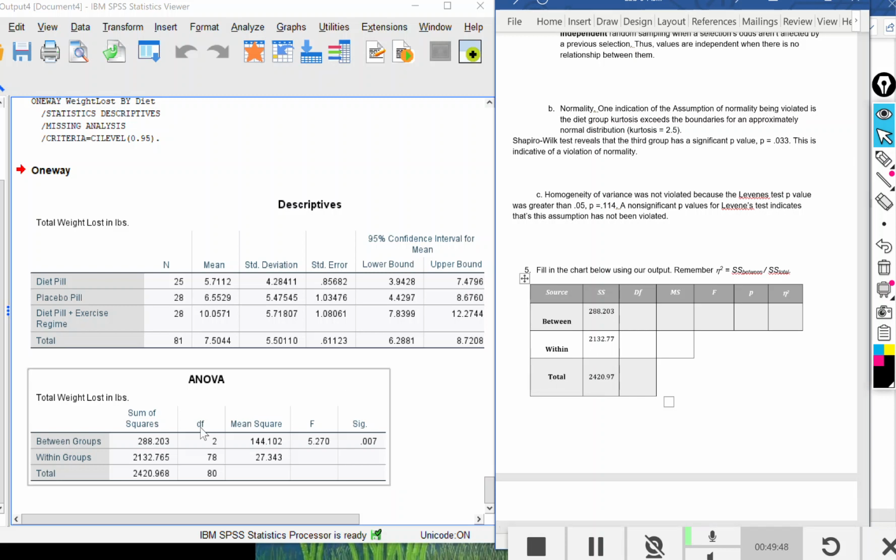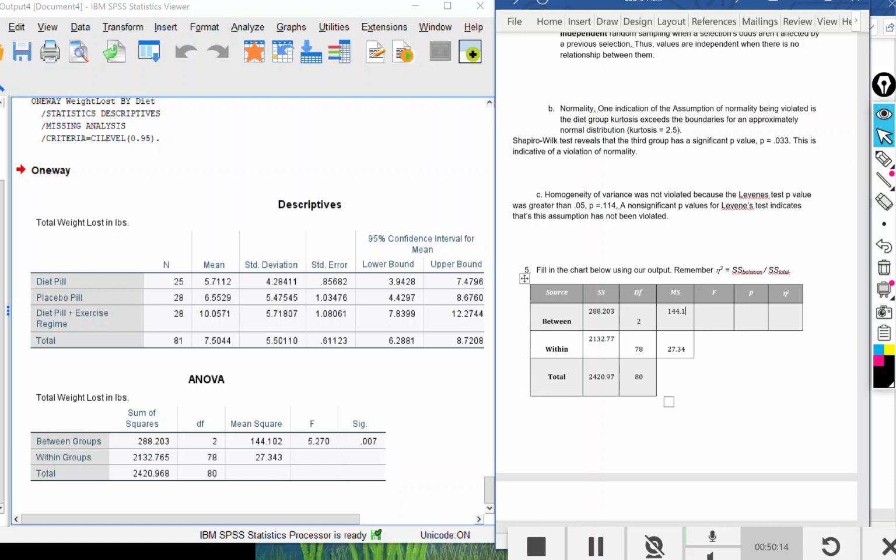2420.97. Just round this up to two significant figures, and this should be 2, and then this should be 78, and then this should be 80 right here. I'm just following this right here. 144.102, and then 27.34.